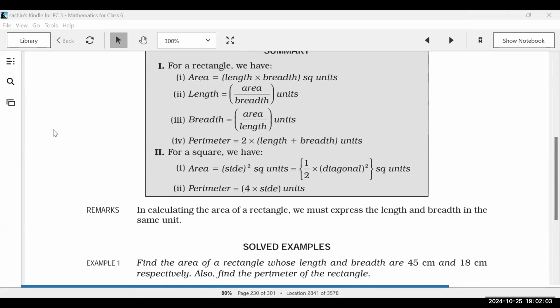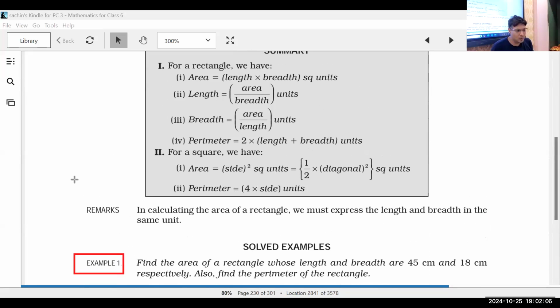Will you show us that video? No, there are videos for the area of a rectangle, not of a circle. Sir, do we have to find the perimeter too? It is written, so you have to do it, son.